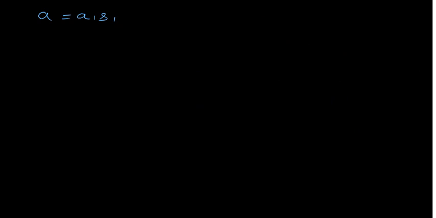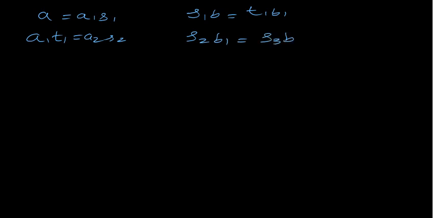A1 S1, S1 B equal to T1 B1. Then we have A1 T1 is equal to A2 S2. Then this S2 will move here, S2 B1, it should be B1 here, S2 B1 is equal to S3 B2.